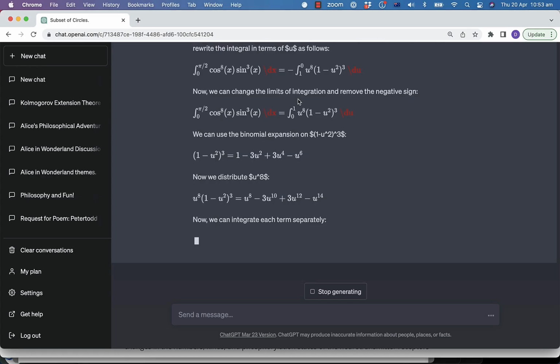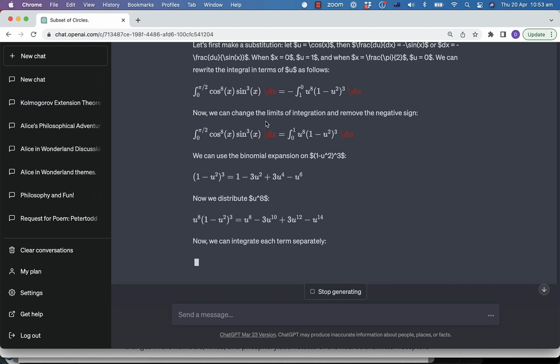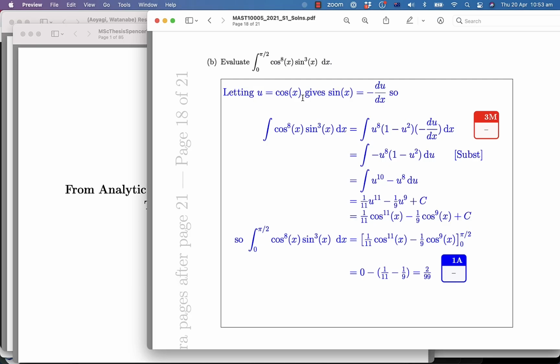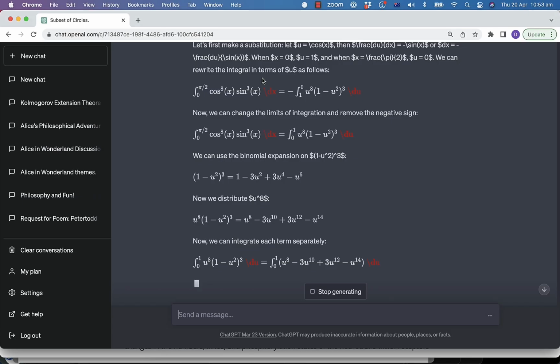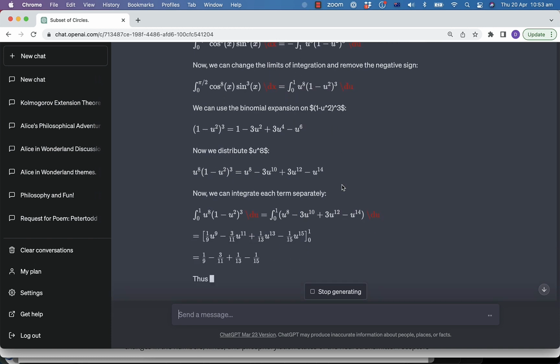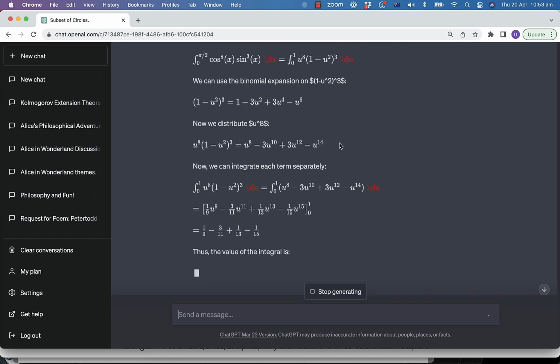Yeah, okay, got the minus sign, that's right. Why is it doing it? Oh, it's doing the definite integral from the beginning, okay. Okay, it flipped the thing to get rid of the minus sign, good.